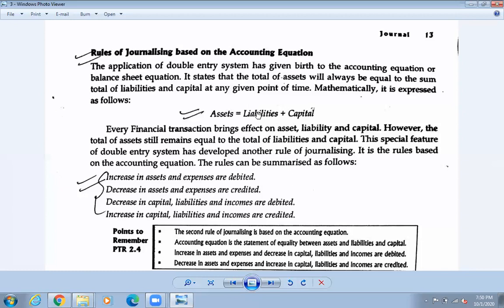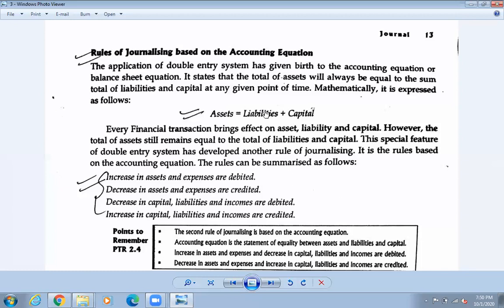Okay. So increase in liabilities or capital, that is credit. So decrease, increase in capital or liabilities, so what is that? That is credit. Okay. You increase one credit, but if it decreases, then what is that? That is debit. Okay. So increase in assets, debit. Increase in liabilities or capital, okay.